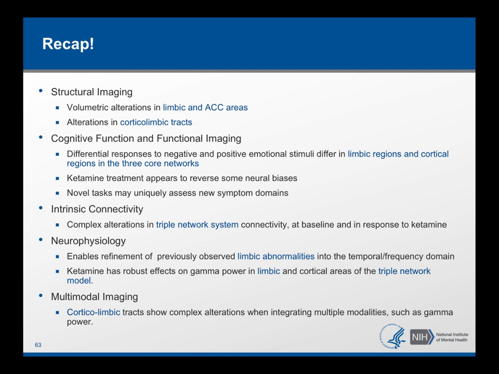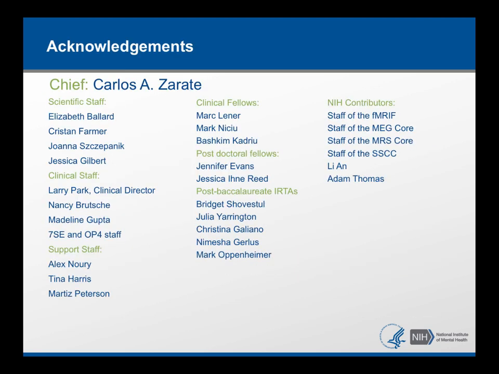We see alterations in the tracts connecting those regions to the cortex and areas of the limbic cortex. And then we see a lot of abnormalities within these three networks in this overarching triple network model that we think may be involved in the pathophysiology of depression. Overall, I think multimodal imaging is probably one of the ways that we can harness this and develop a more full image of what actually causes depression.